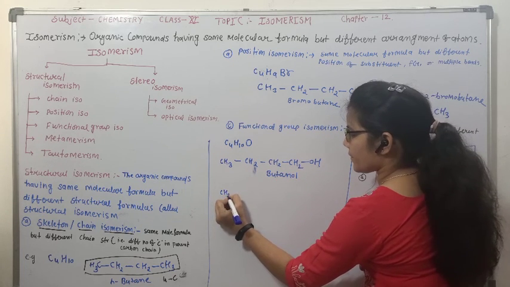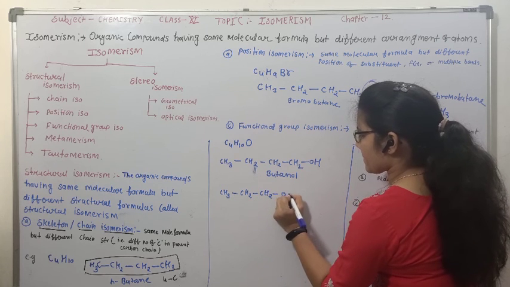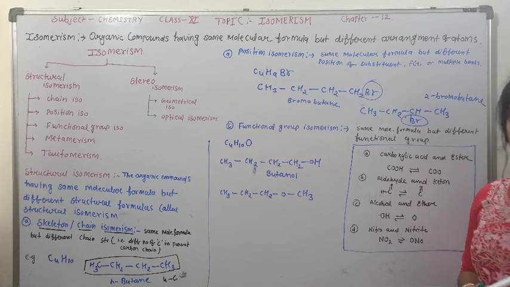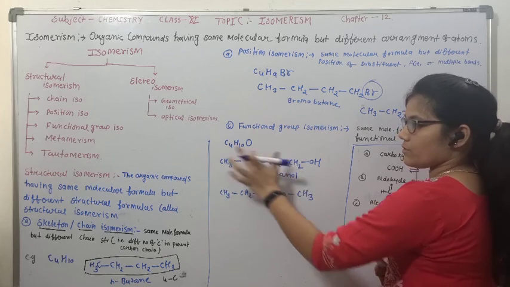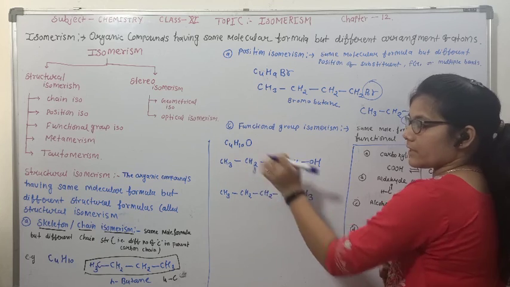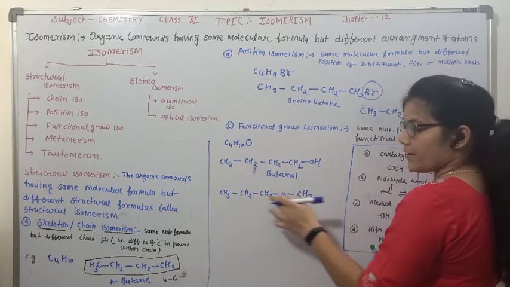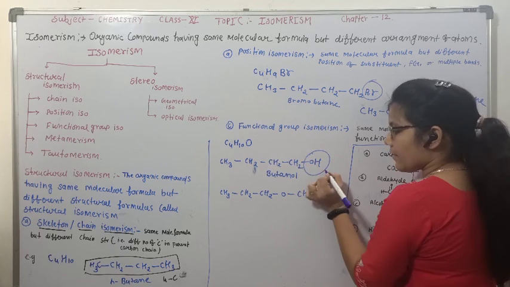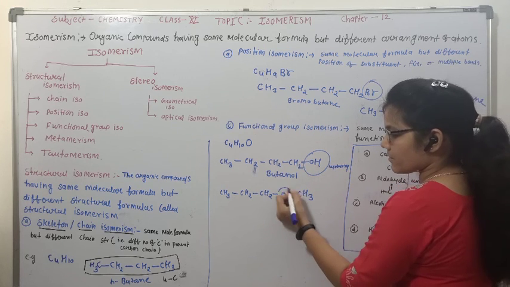Or this one. See, both compounds have the same molecular formula, C4H10O. Here it is C4, H10, O. But this one has a hydroxy group and this one is an ether.